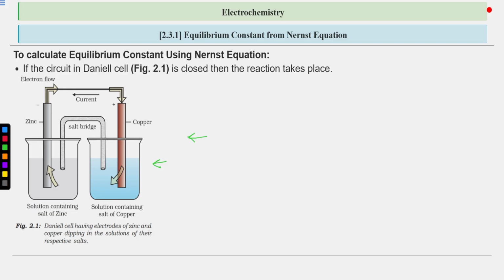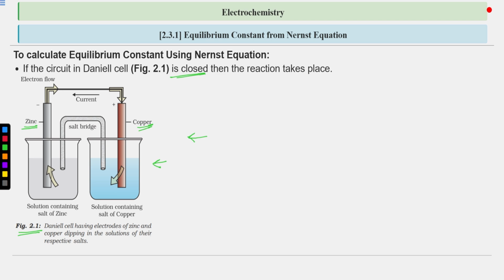So if the circuit in the Daniell cell is closed, this is the circuit of the Daniell cell in the figure 2.1. We have two beakers, each having one electrode, zinc and copper, and the salt bridge connects the two solutions for maintaining the neutrality of the solution.